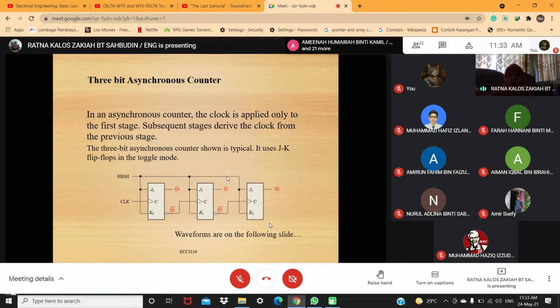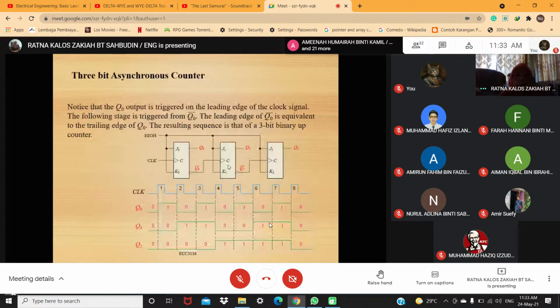The waveforms are on the following slide. You can see here, this is a 3-bit counter, meaning you have 3 flip-flops. For example, in this 3-bit asynchronous counter, you have 3 flip-flops: 1 here, 2 and 3.